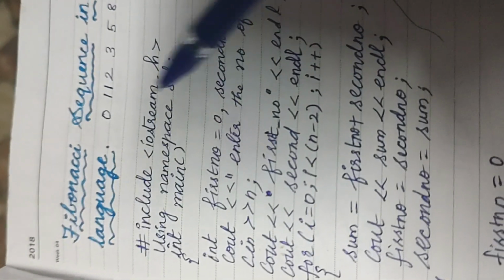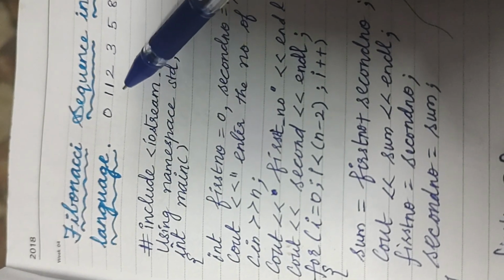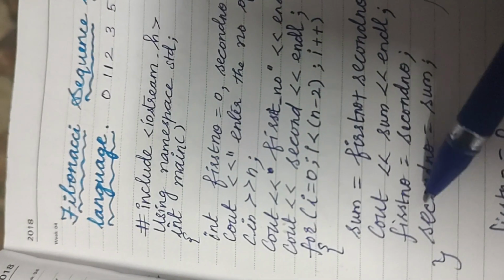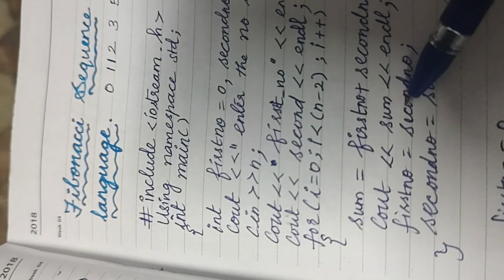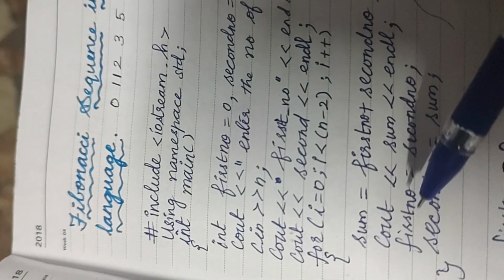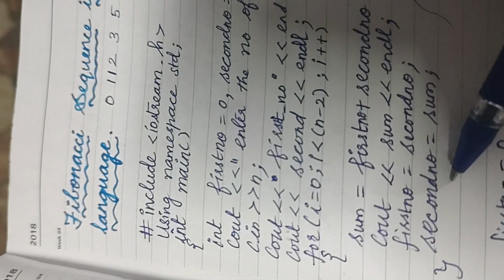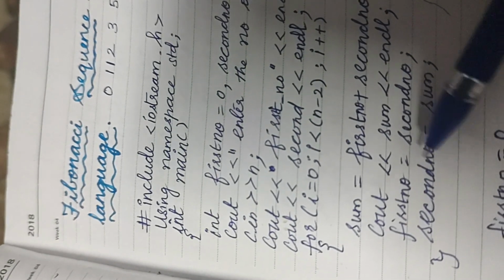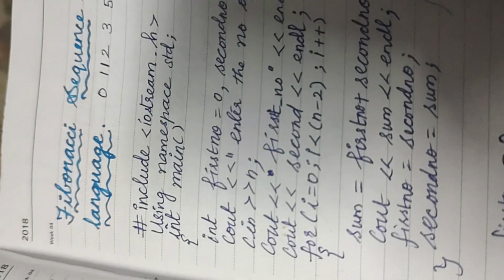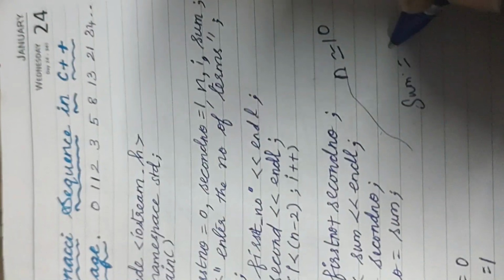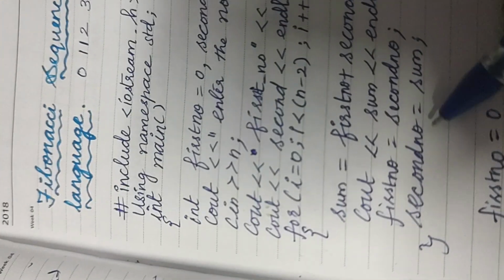So the third term is printed by the cout statement, which prints this 1. Then we assign the first number the second number's value, that is 1. Then the sum value is assigned to the second number. The sum value now is 1, and it is assigned here.